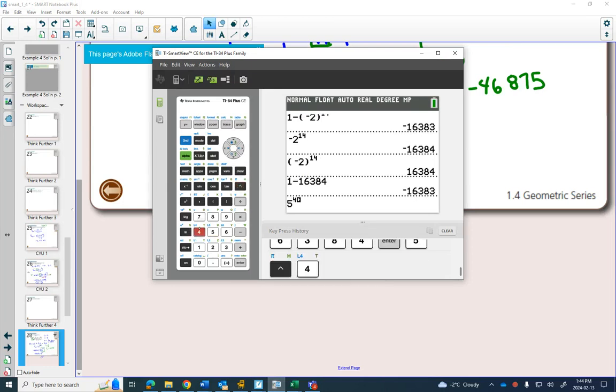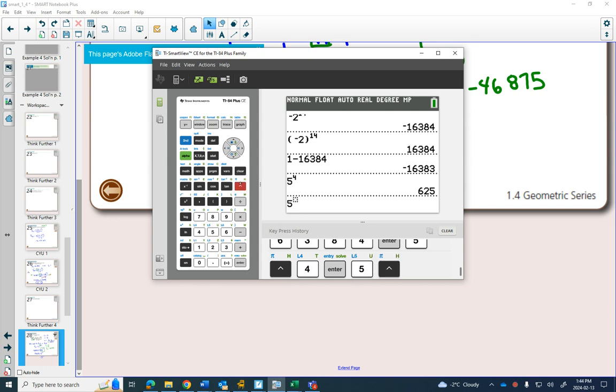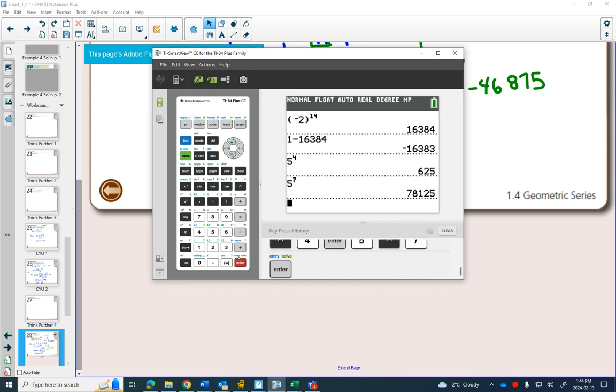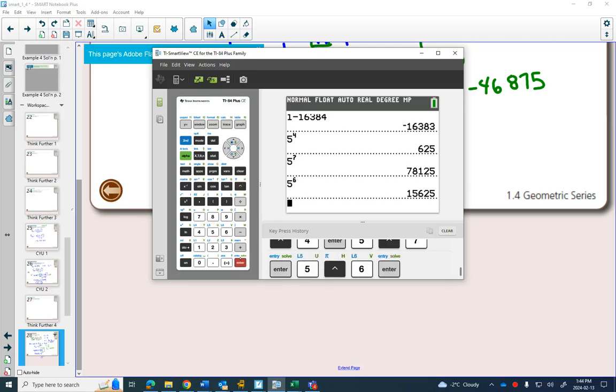5 to the power of 4 is not nearly big enough to be 15,000. I have to try a bigger number. Maybe you jump up too high. Oh, I did 5 to the 7. It's too big. There's not too much more guessing I have to do between 4 and 7. Trust me, you will find this pretty quickly. 5 and 6.